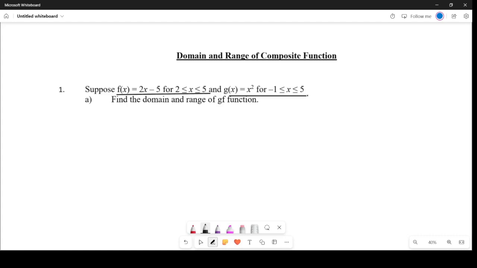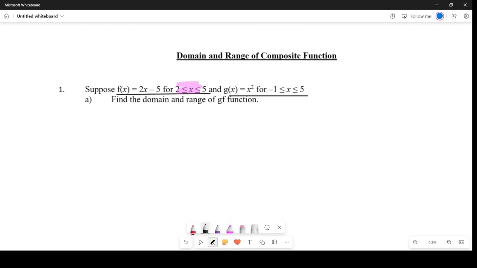So from the previous statement we just wrote down, what's going to be the domain of gf? Yes, it's going to be the same as domain of f. So what's the domain of f? This. So gf की भी domain यही होगी.